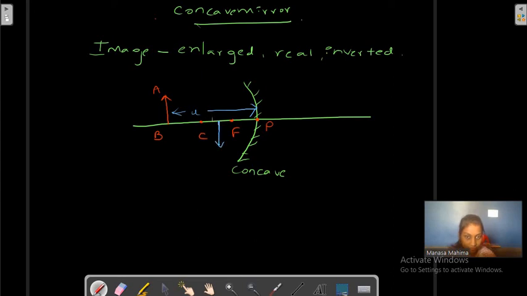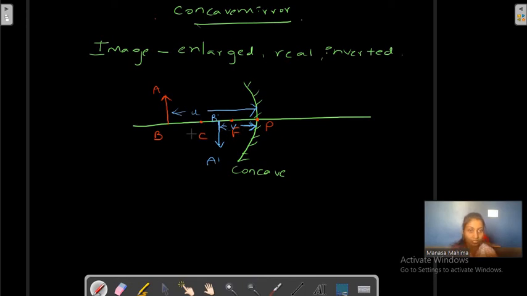I will take it like B dash and A dash, and the distance of this image to the pole is denoted by V. So this is U, the object distance, and this is V, the image distance.